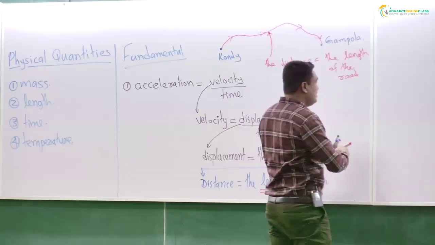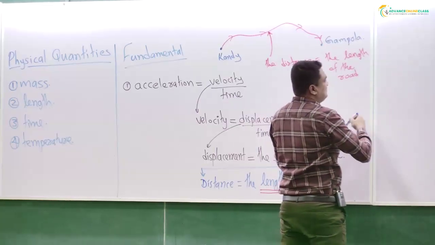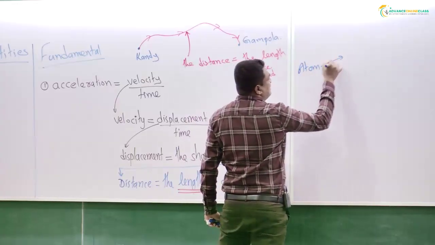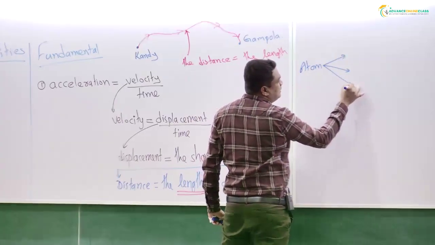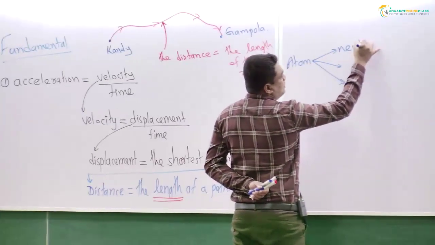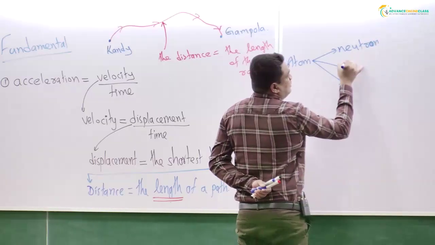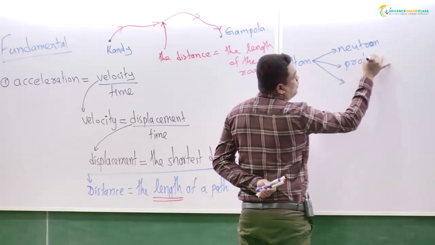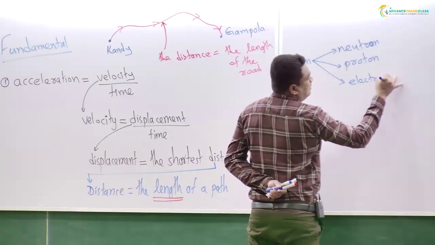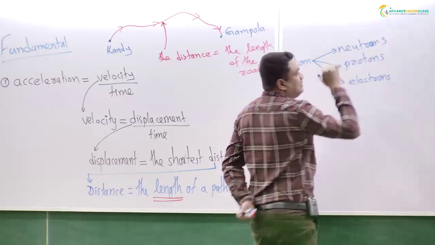What is an atom? An atom is a combination of three particles. What are the three particles? Neutrons, protons, and electrons.